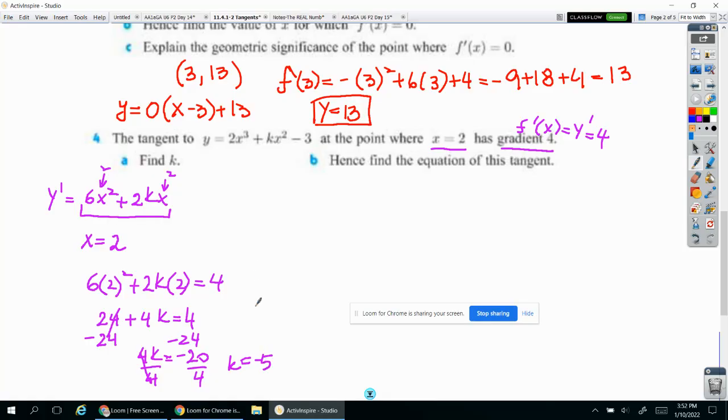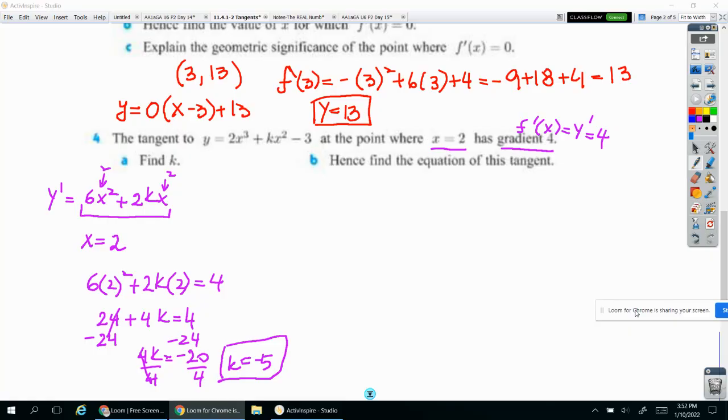So we have found the answer to part A. And now let's see over here. It says, hence find the equation of this tangent. So first, let's go ahead and plug k into the original equation. So y equals 2 times x cubed minus 5 x squared minus 3.